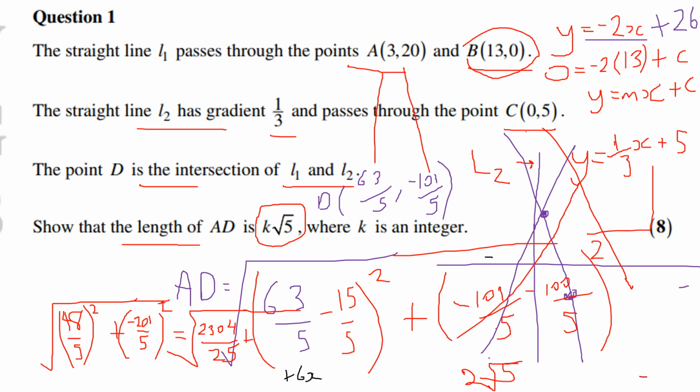Here I get a massive number, so let's delete this bit so I've got more space. If I square 201, I get 42,705 all over 25. Again, it's going to be square rooted.